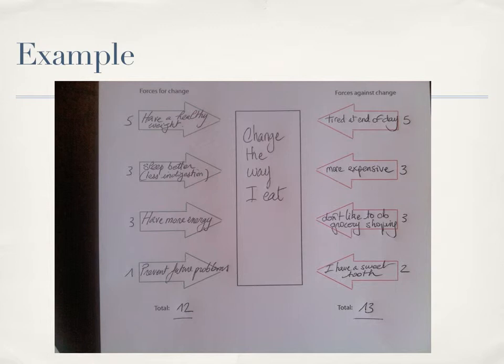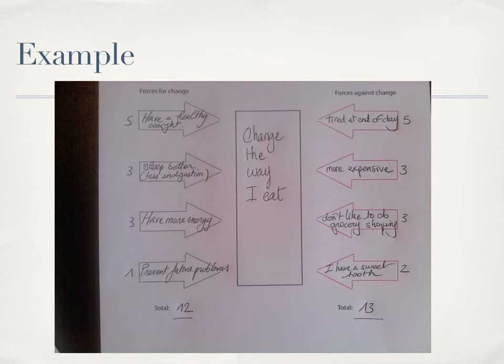On every point she noted the intensity of the resistance. The highest was that she was tired. She was feeling tired at the end of the day, and not having the energy to cook herself something healthy and decent. And on the left side, she noted why she would like to make this change.